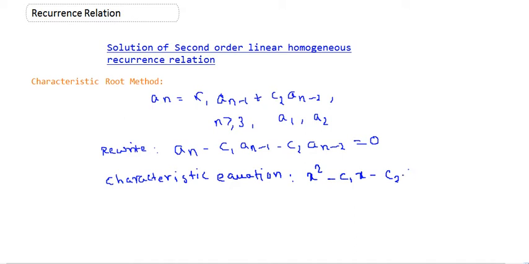So minus c2 into 1 equals 0. This is our characteristic equation.